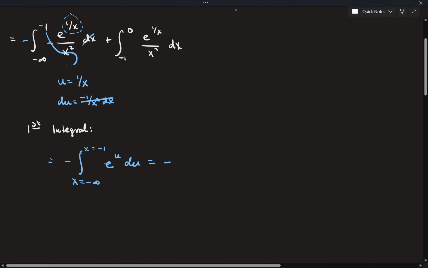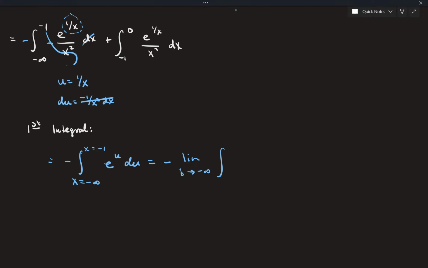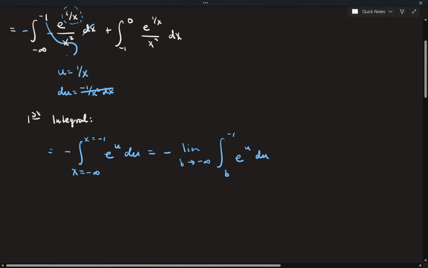So now I've got negative. Now I can just do the limit. Limit as b goes to negative infinity, integral from b to negative 1 of e to the u du.